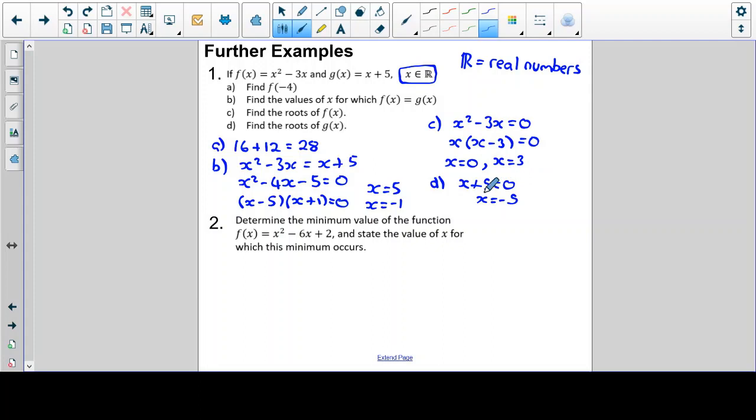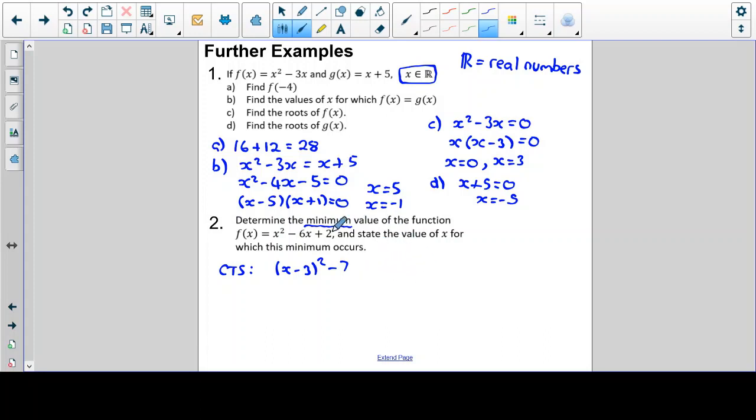Final one, determine the minimum of this function and state the value of x for which it occurs. Well, if you recall from the sketching section, to find the minimum of a quadratic, we complete the square. So we'll complete the square on this. Half the 6, square it, 3 squared is 9, we'd have to subtract 7, which gives us our minimum value.